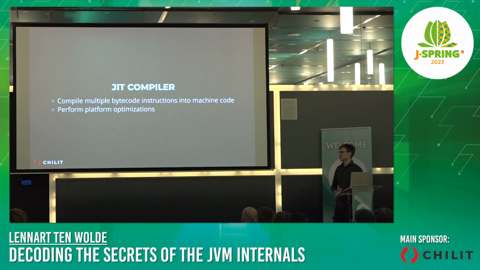And this creates the opportunity for the compiler to perform platform-specific optimizations. It can do things like inlining and a lot of things that are typically associated with more low-level languages, and it does it all for you so that the developer doesn't have to think about it.